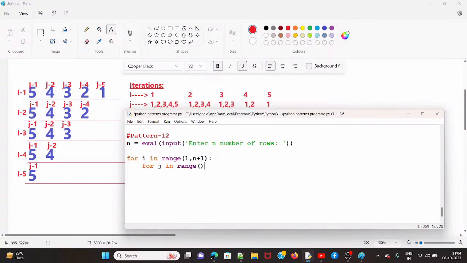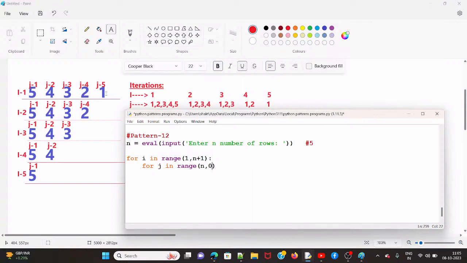Starting from 5 to 1, next 5 to 2, 5 to 3, 5 to 4, 5 to 5 only here. The starting is fixed. What is the starting always? Starting is n, guys, that means the given number. So the start number is fixed. The end number, up to first time 1 is there. First loop 1. What does 1 mean, guys?